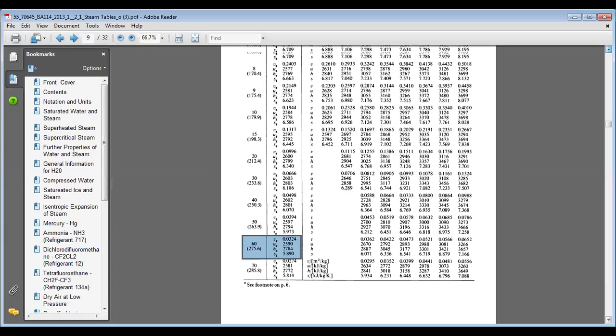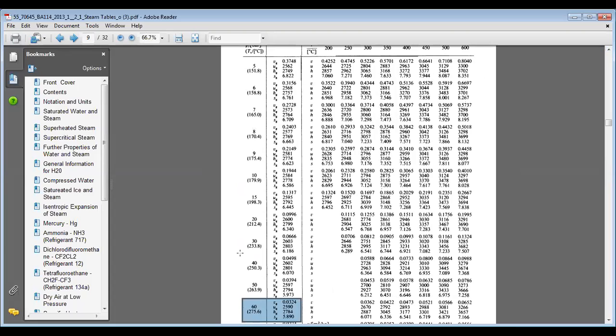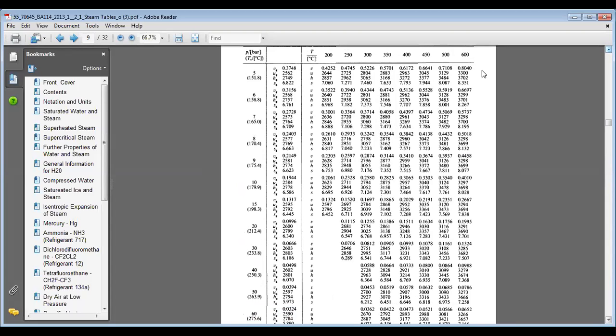Your pressure is 60. Your temperature 400 is here. 400 means fourth from the right. Temperature 400 is here. Pressure 60 is here.